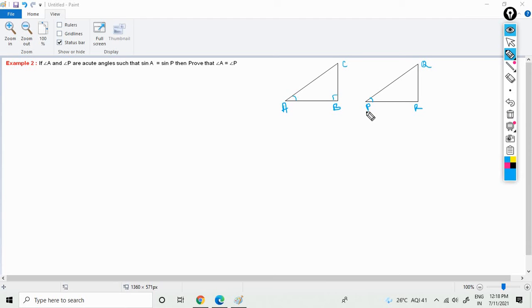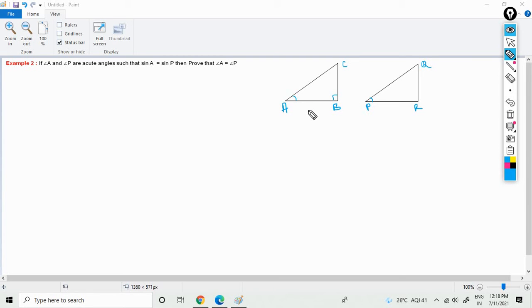We already know that whenever you want to show that the angles of two triangles are equal, these two triangles must be similar to each other. Whenever the triangles are similar, only then can we say the corresponding angles are equal. That is the principle you need to understand.